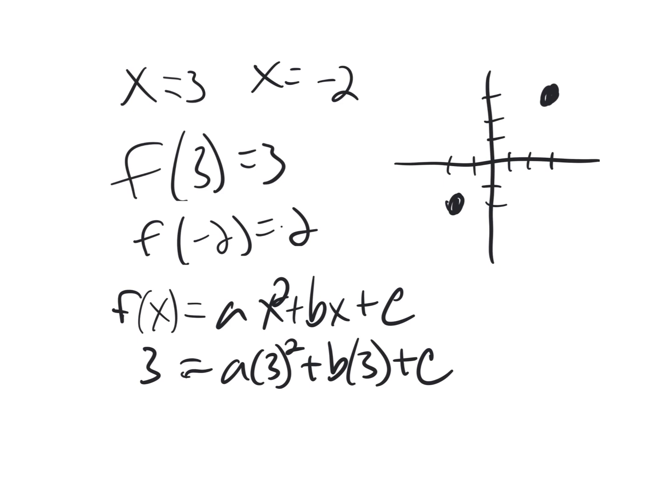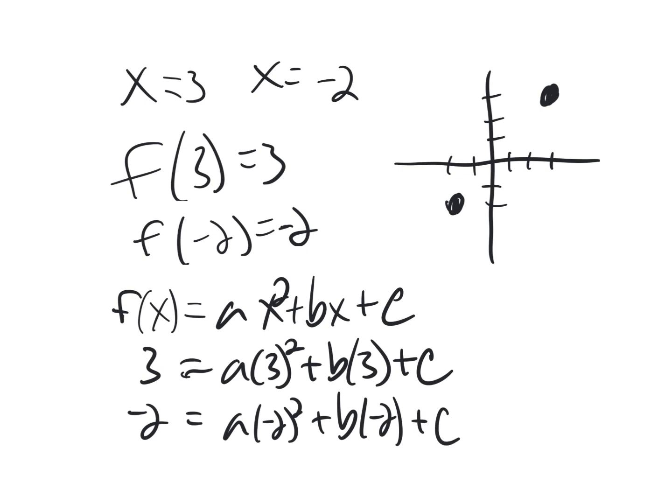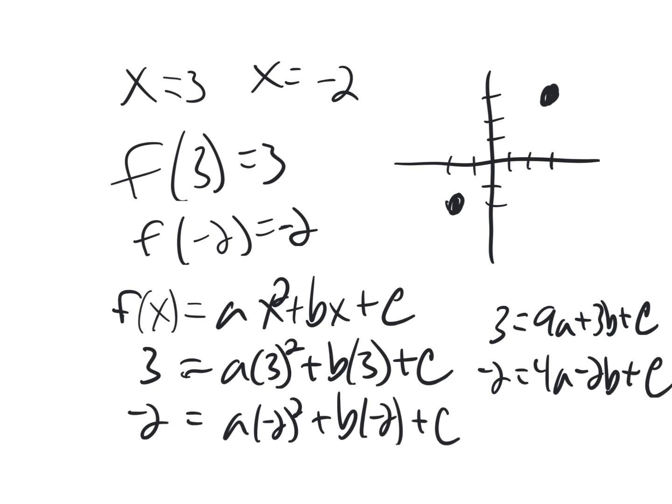And f of -2 should be -2, so -2 has to equal a times -2 squared plus b times -2 plus a constant. That becomes 3 equals 9a plus 3b plus c, and -2 equals 4a minus 2b plus c.